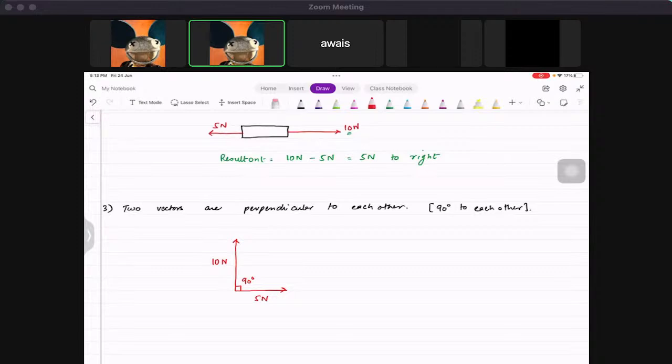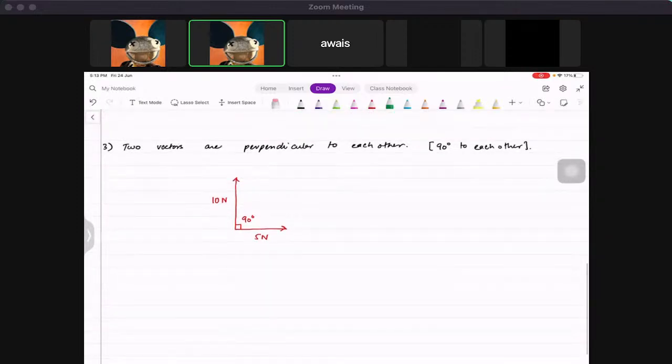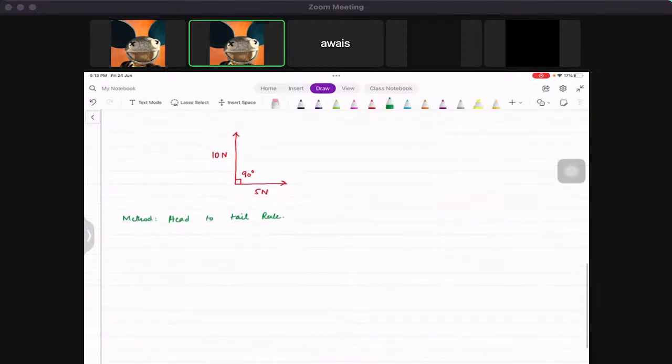To solve this, we have to use a method called the head to tail rule. You make any vector first, like 5 newtons.